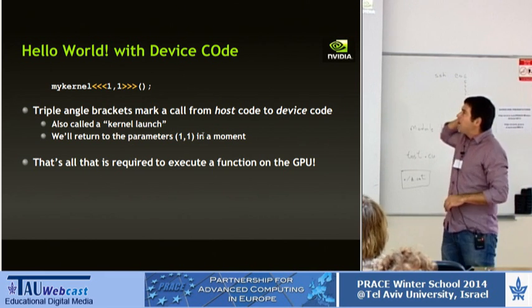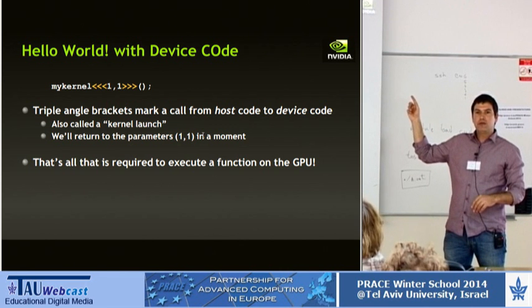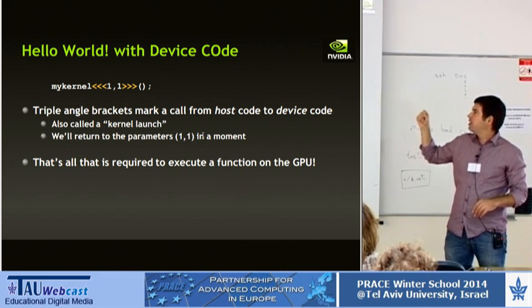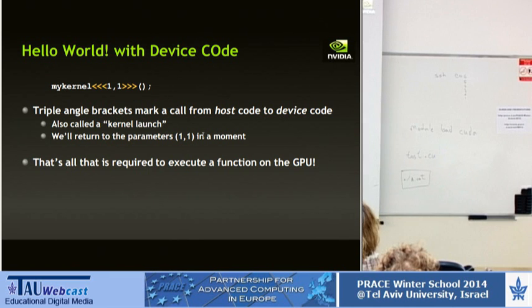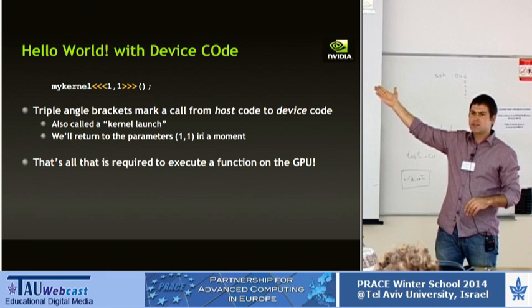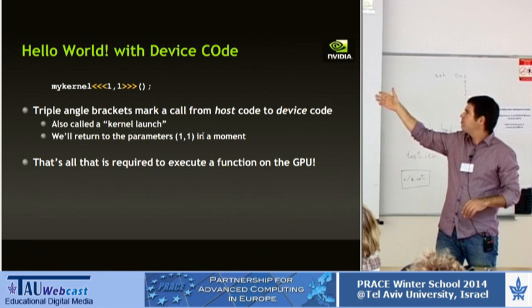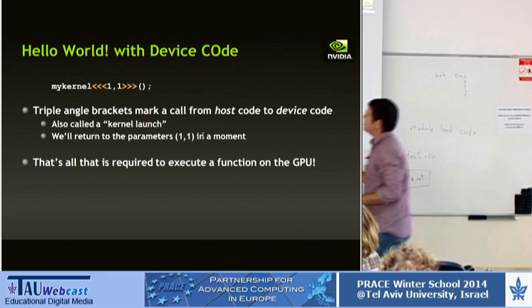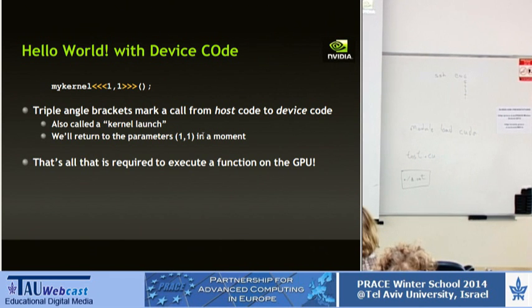The other thing that is new in a syntax way is calling the kernel. There are no arguments here, but if there were any, they would be in the parentheses just as usual. So you just call a function with arguments. The only thing that is different is this strange thing here.